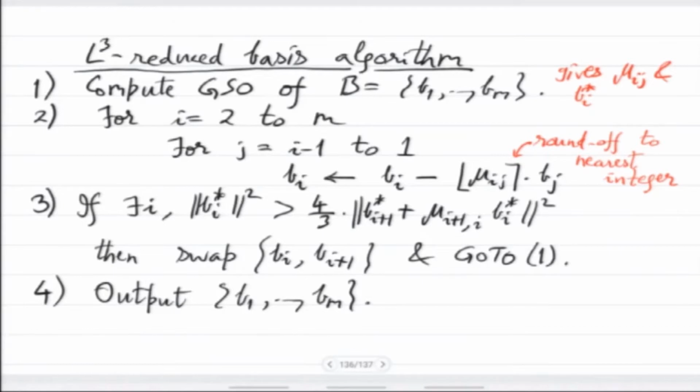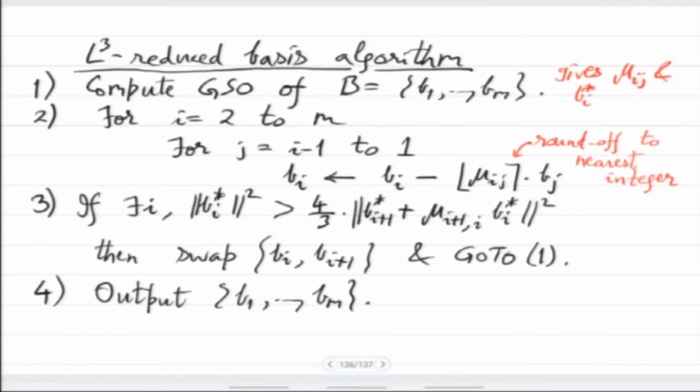The output of that will be B1 star to Bm star, and then the relative projection constants, which would be the mu ij's. So these two are the standard data you get out of the GSO computation.